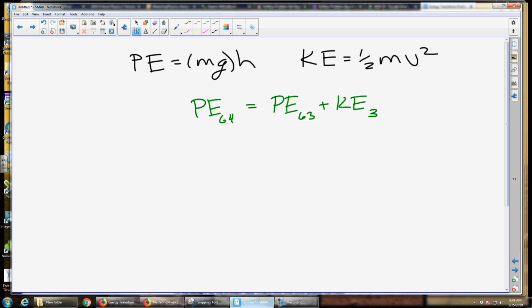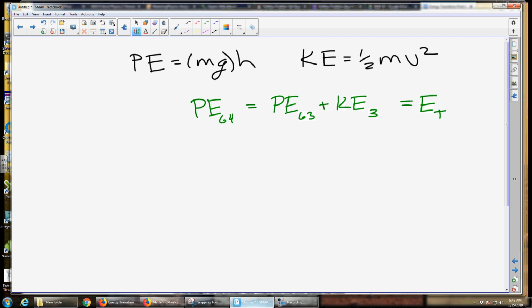So my totals, both sides of this, I could say equal my total system energy, because that's all the energy that's going on here. It's all that mechanical energy. And there's no non-conservative force, no air resistance, no outside work being done, so that mechanical energy stays conserved the whole time.